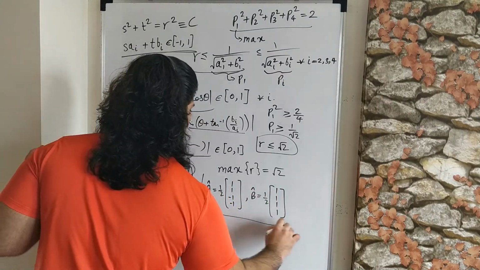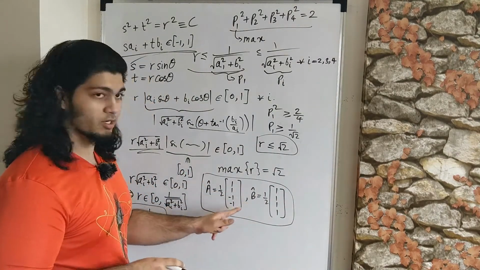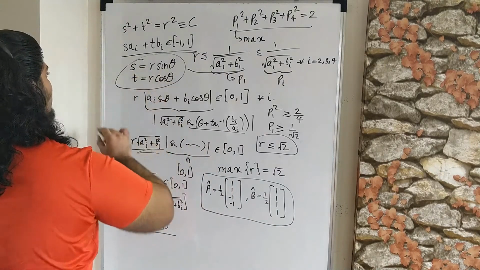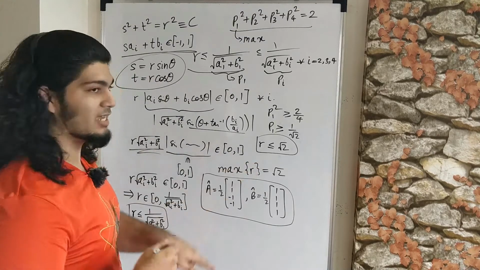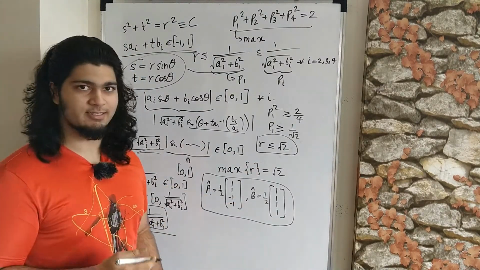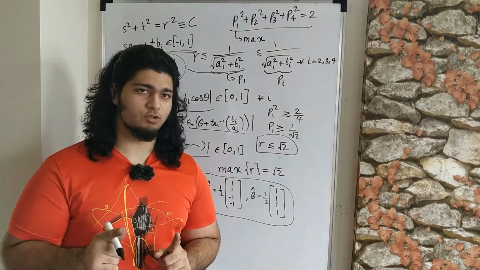So if you let a hat equal this and b hat equal that, then you can check that the dot product is 0, and you can use this parameterization to show that the circle which you draw with radius root 2 is actually inside the hypercube if a hat is this and b hat is this. So that completes the proof that the maximum possible radius is root 2.